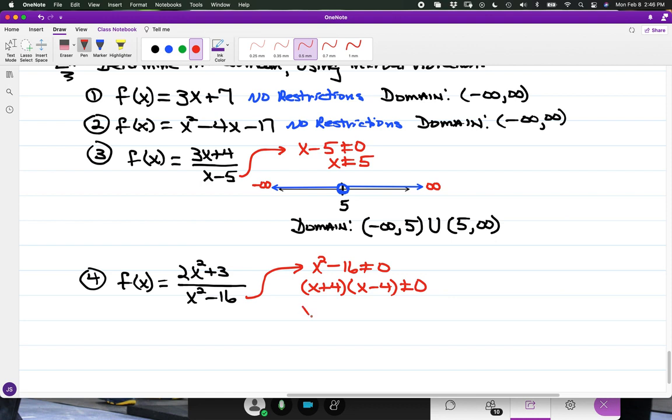So let's say that x plus 4 cannot be 0, we have that x cannot be negative 4, and if x minus 4 cannot be 0, so we have that x cannot be equal to 4.